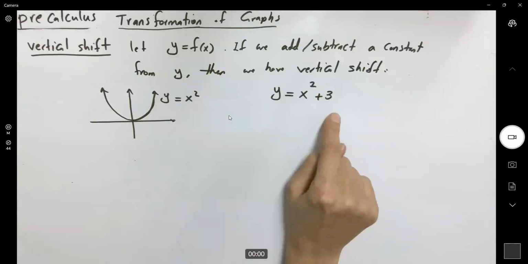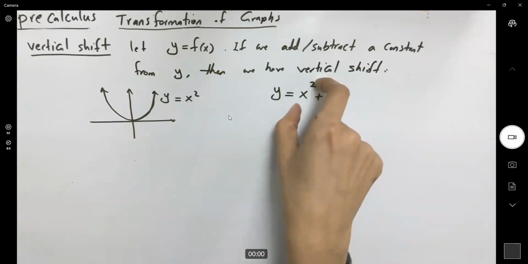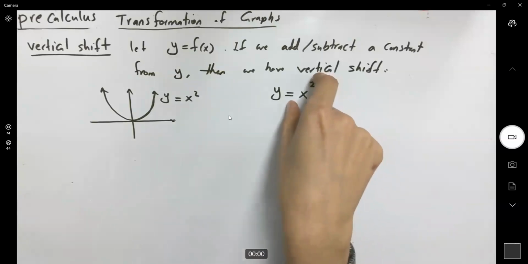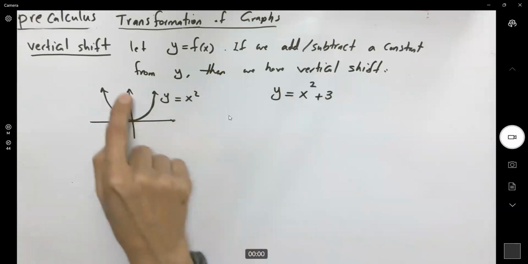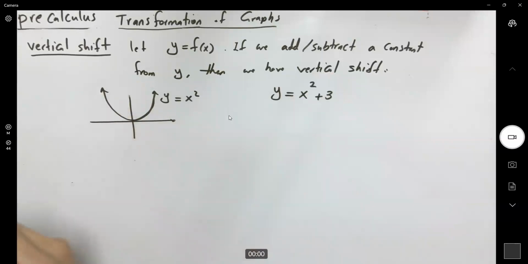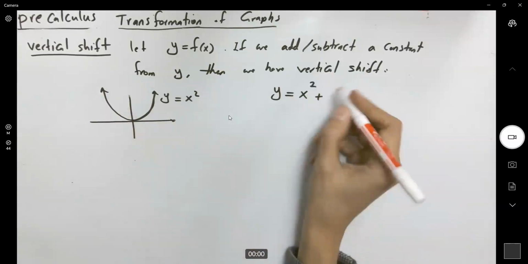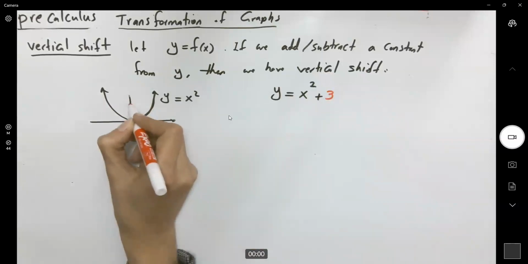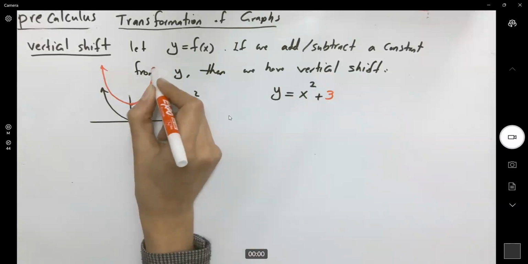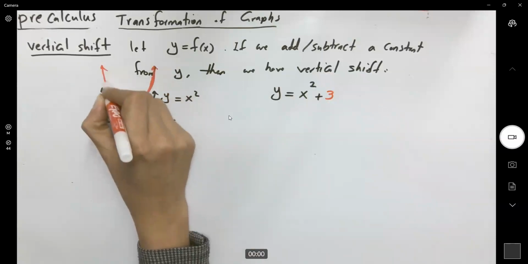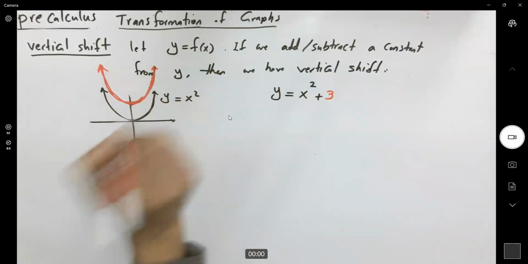Adding 3 changes my x squared, which is the y value. It shifts the graph 3 units upward. So now you have your graph plus 3. I'm going to shift 3 units upward. It seems like I'm just taking the same function and moving it upward.